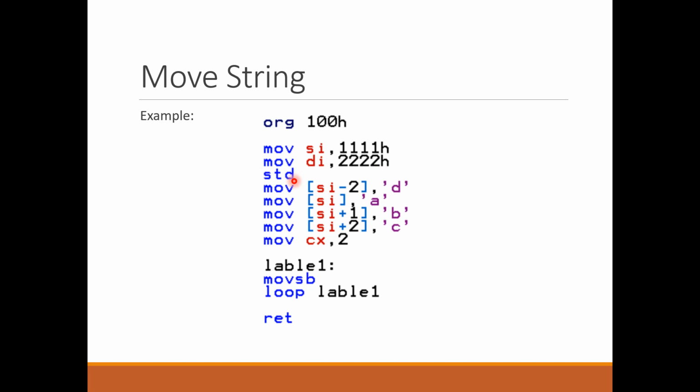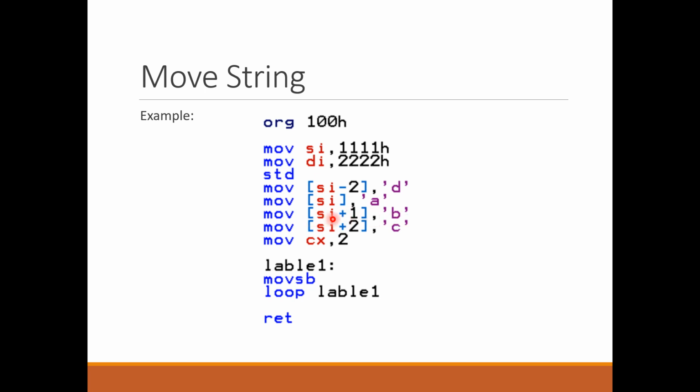Which values are going to be stored inside the memory location whose offset is specified by the destination index? This value of the source index and source index plus 1, and we know that those are the offsets of the memory location.